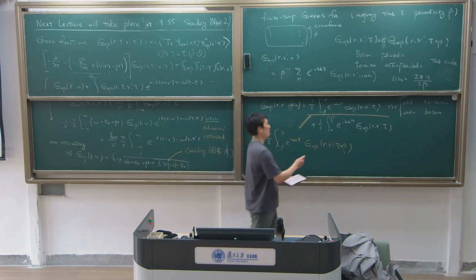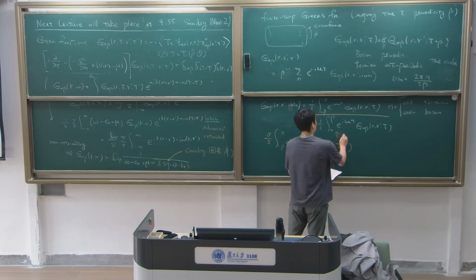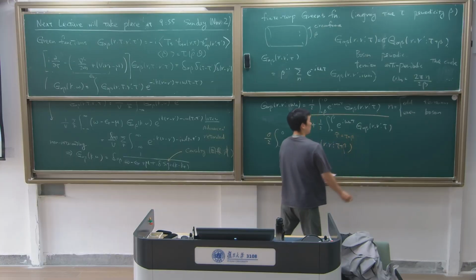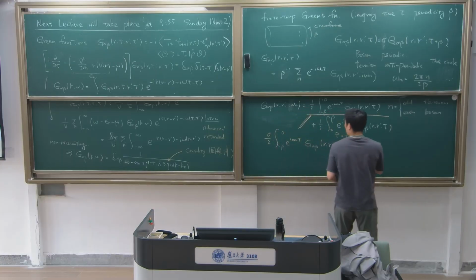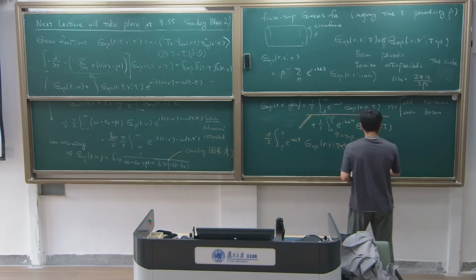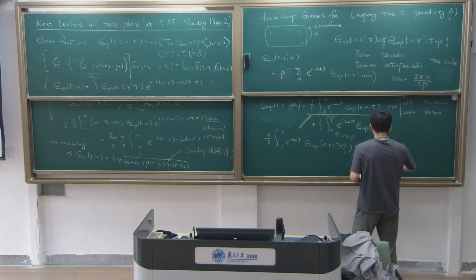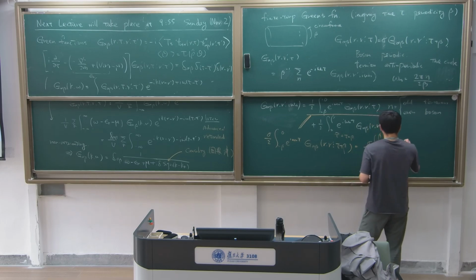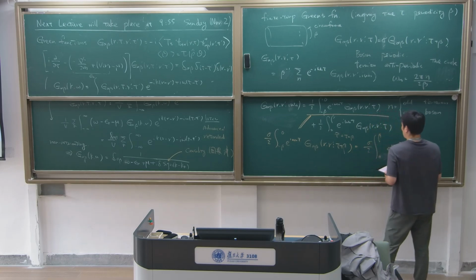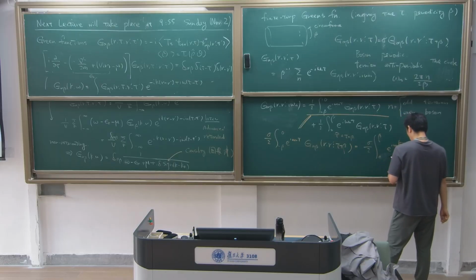Then this is equal to sigma times the integral from 0 to beta of e to the i omega n (tau minus beta) G alpha beta.